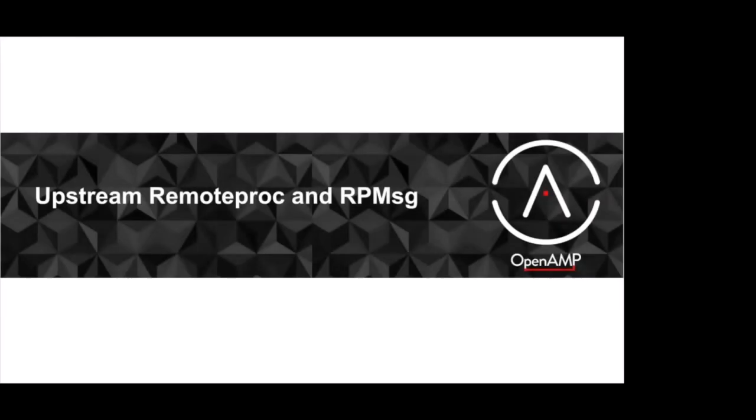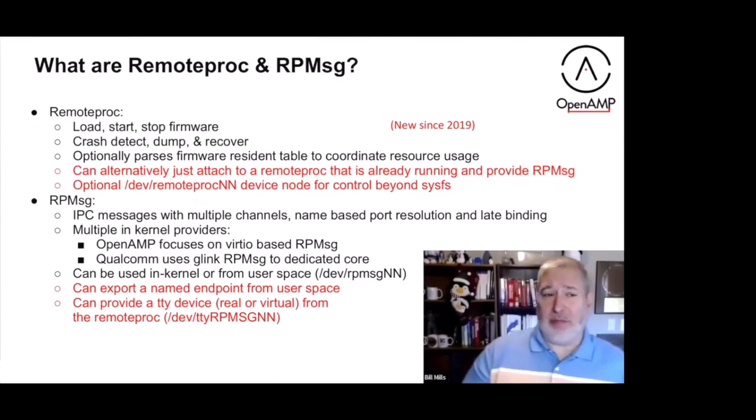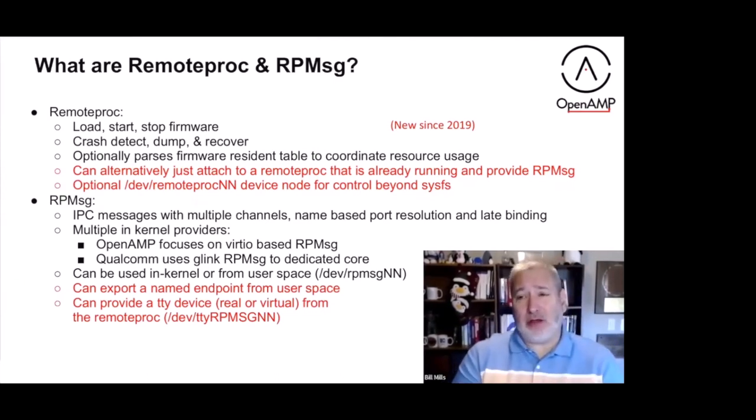All right, so now we're going to talk about upstream remoteproc and RPMsg. So what are remoteproc and RPMsg? Remoteproc is a facility to let you load, start, and stop firmware on remote processors. It lets you do crash detection, crash dump, crash recovery.